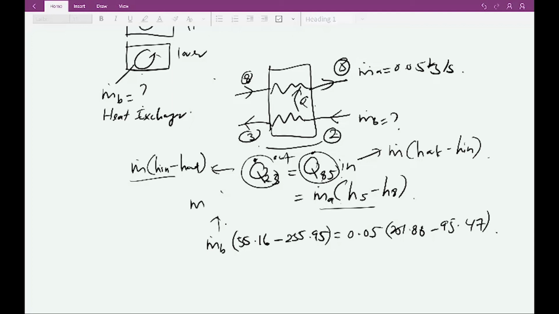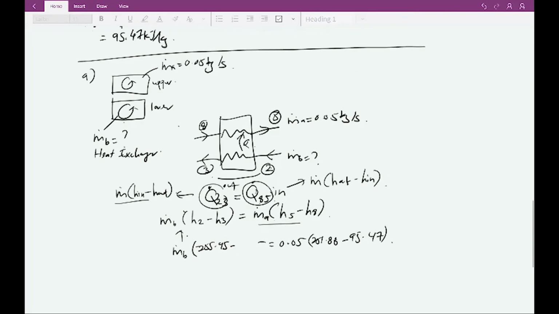So I write here m dot B, in is H2 minus H3. So the value here is opposite, right? 255.95 minus H3.